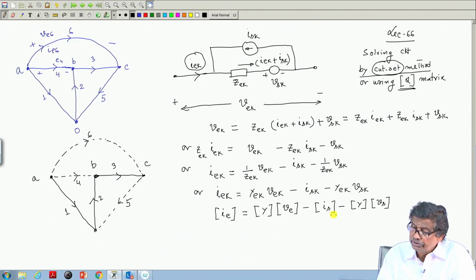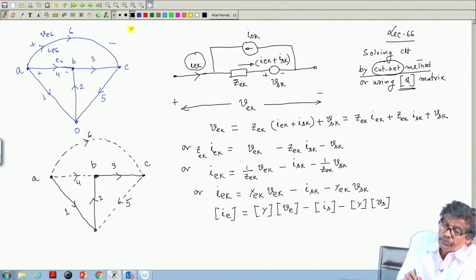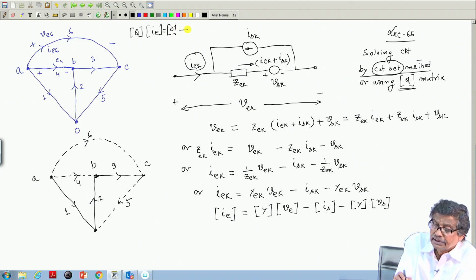Now, after you do this, you remember that Q into Ie is equal to 0. How do I get this? By applying KCL at the fundamental cut set.